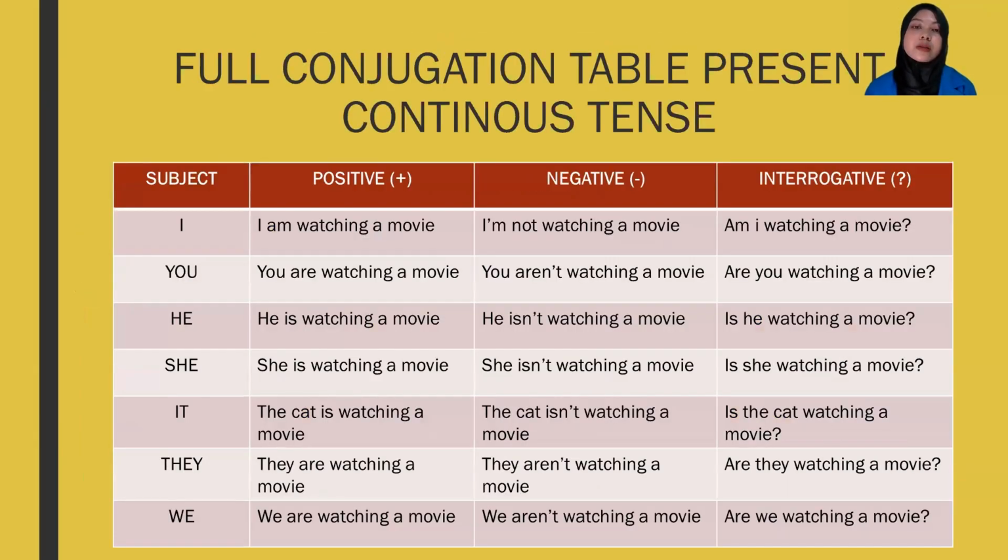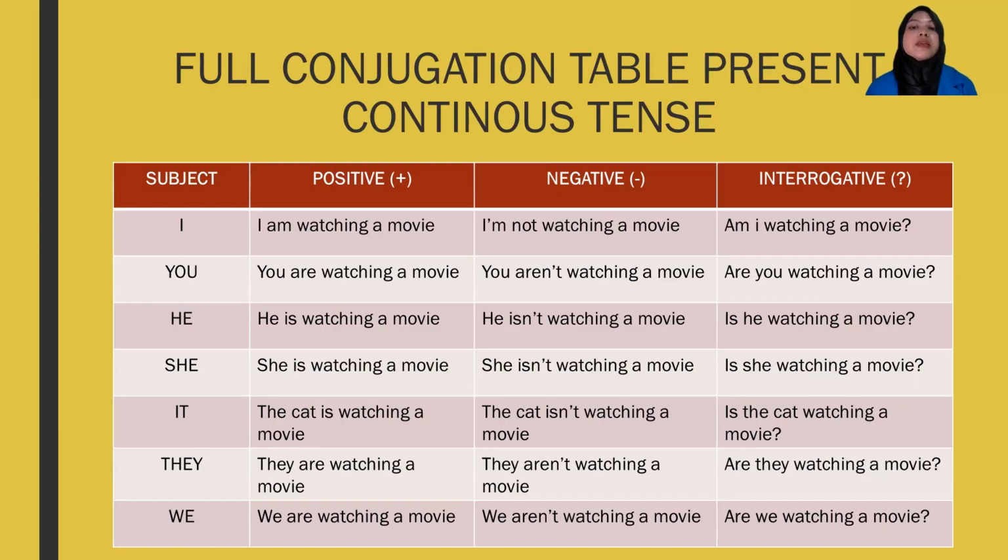Okay, we have the full conjugation table of the present continuous tense. There's subject, positive, negative, and interrogative. Subject I. I am watching a movie. Negative: I'm not watching a movie. Interrogative: am I watching a movie? Subject you. You are watching a movie.